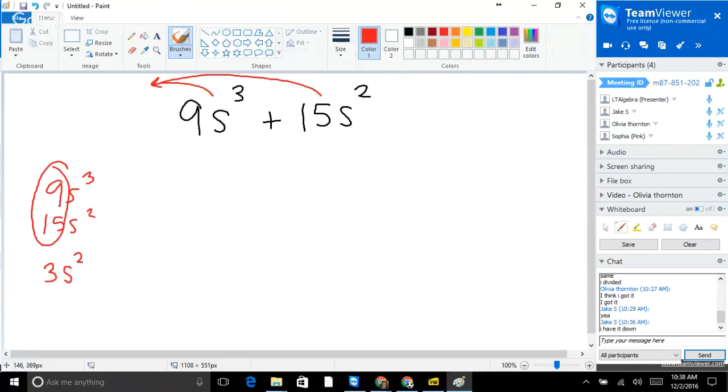If you're not comfortable just doing it visually like this, one option is you can divide and figure out what the factor is. I think it actually adds a little confusion, but it's okay if you want to do it that way. I like to just think of it as a math puzzle. So I'm going to pull out 3s squared. If I pull 3s squared out of 9s cubed, I'm left over with 3, and then s squared times what gives me s cubed? 3s.